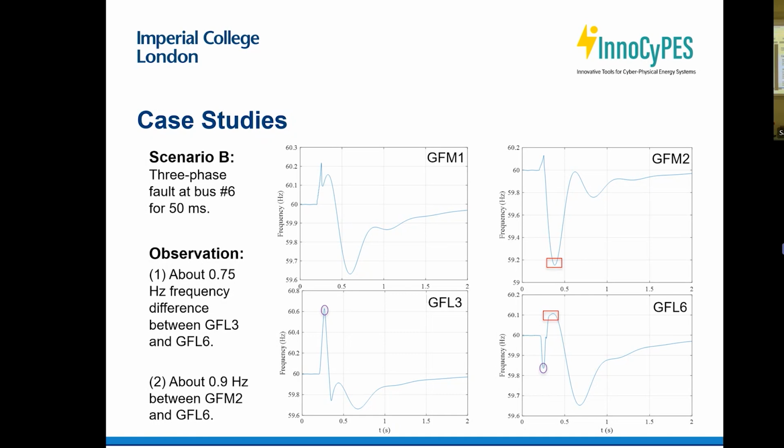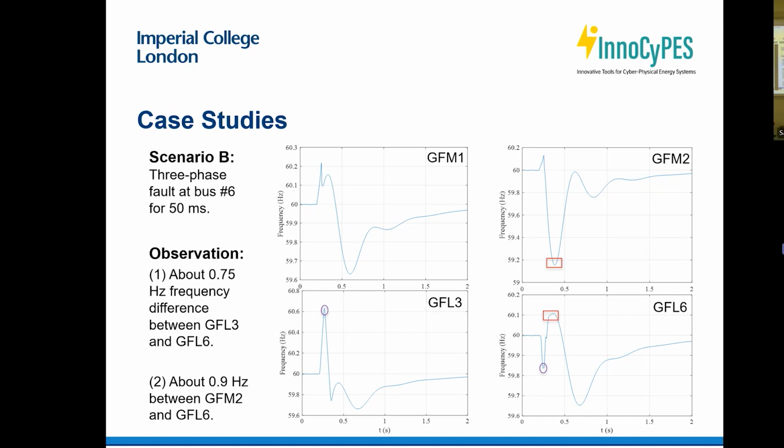However, we can see that grid following 3 and grid following 6 cannot estimate the frequency of the grid well. Because the grid formings set the frequency of the grid, the grid followings should follow the frequency made by the grid formings. But grid following 3 estimates a much higher frequency than the one generated by the grid formings, and grid following 6 estimates an under frequency.